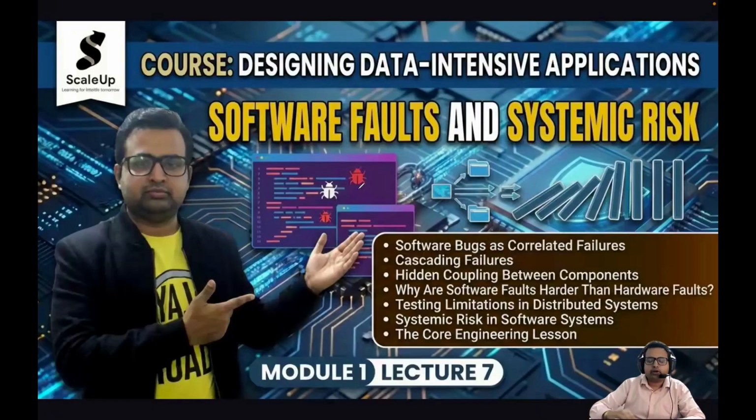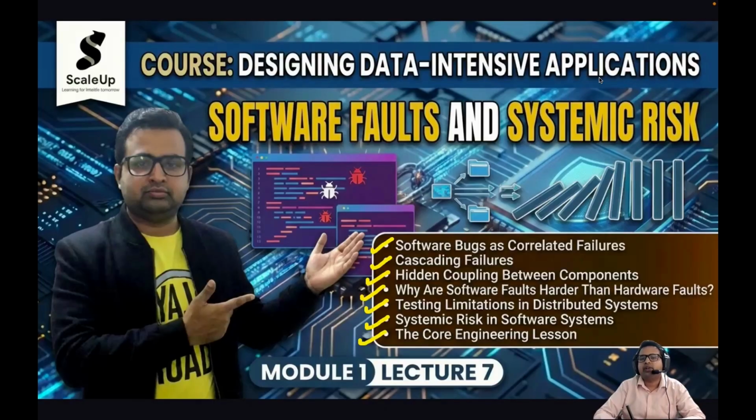If we look at the topics that we will cover, in this lecture we will discuss software bugs as correlated failures, cascading failures, hidden coupling between components, why software faults are harder than hardware faults, testing limitations in distributed systems, systemic risk in software systems, and the core engineering lesson.